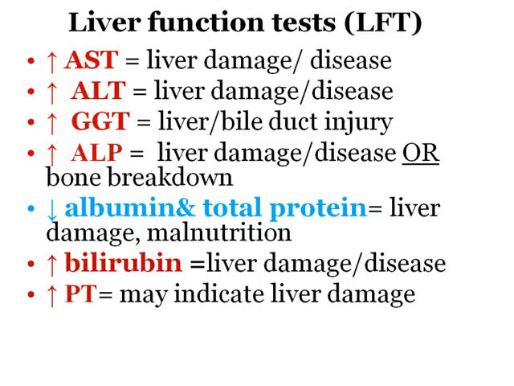When we look at albumin and total protein, if our levels are decreased, it could be liver damage as well, because remember your liver helps make proteins, the big one being albumin, and also may show signs of malnutrition if those are all decreased.